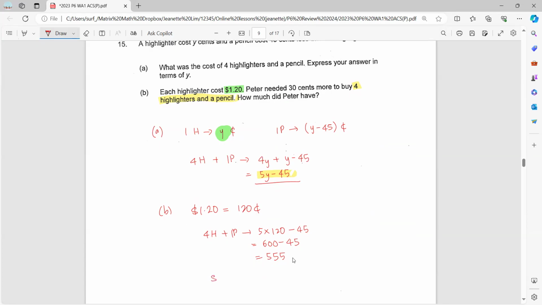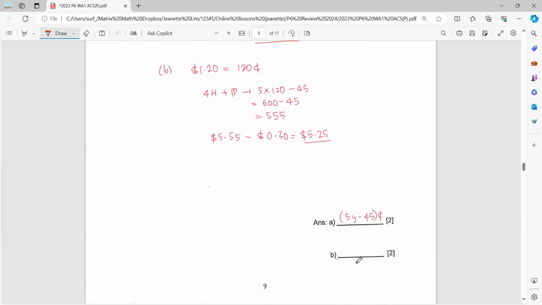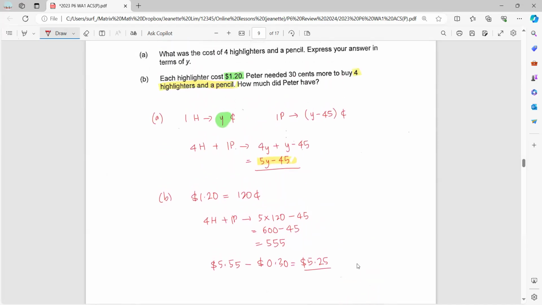Okay, so now I change to dollars. $5.55 minus 30 cents, so $5.25 is the answer. So don't get tricked. Don't add 30 cents just because they said more. He's short of 30 cents, so you should minus.